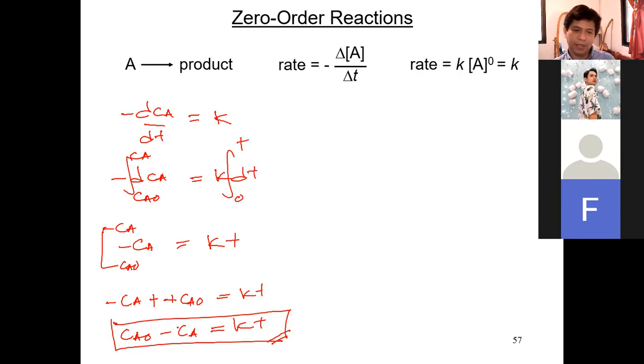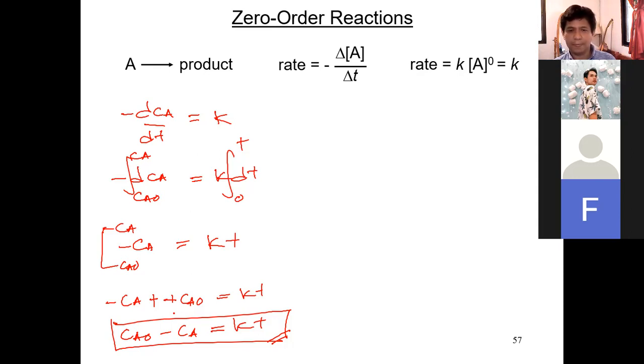Pag pinlot niyo yung data, time versus concentration, ito yung x nyo, tapos ito yung y nyo, CA, tapos linear siya, diretso, walang ln, walang 1 over A, zero order yon. Ibig sabihin yung decomposition ng substrate ay constant.